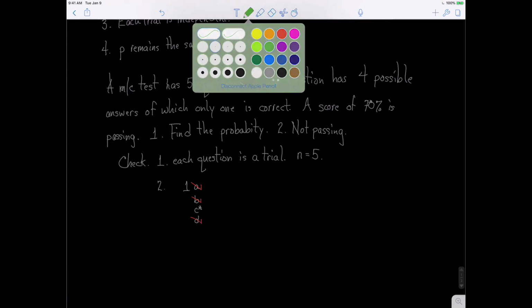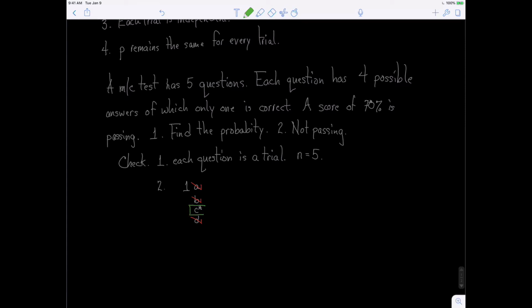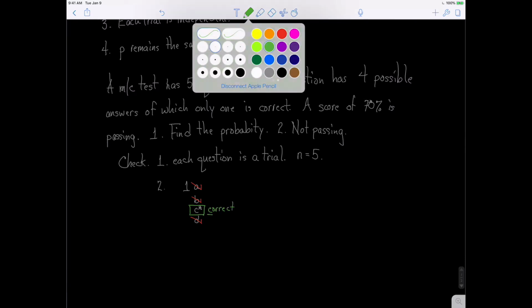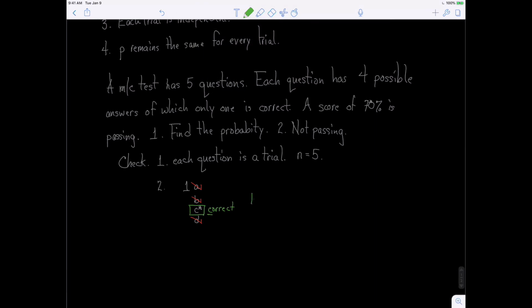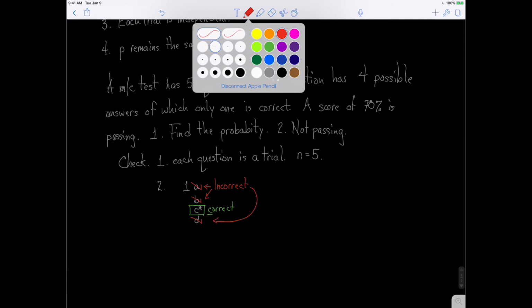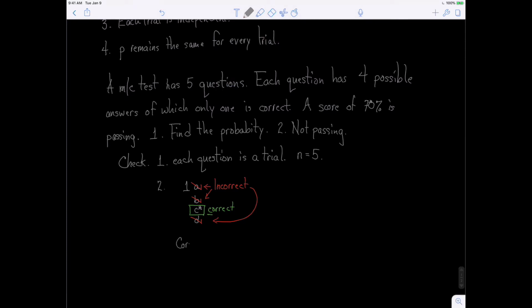And so the only thing that matters is I either answer C and I am correct, or I answer A, B, or D, and these are incorrect. So we'll say that correct is a success, and incorrect is failure.